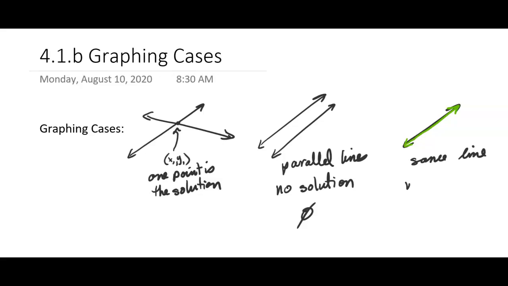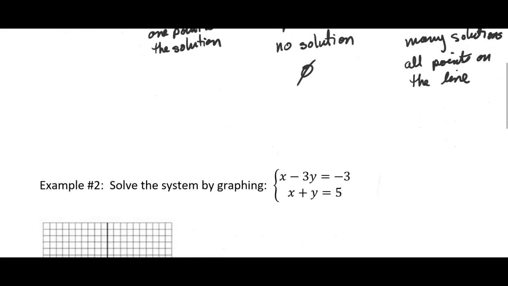And this has many solutions, or an infinite number of solutions. And the solutions are all the points on the line. So all points on the line, because you really only have one line. It's not two different lines that they gave you. Anyway, those are the cases that we have.